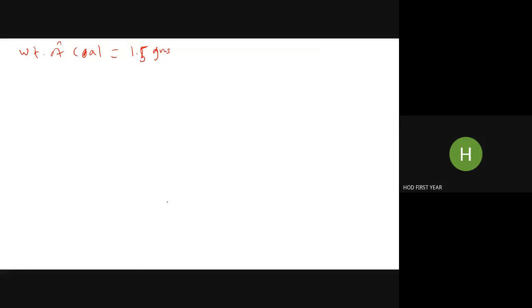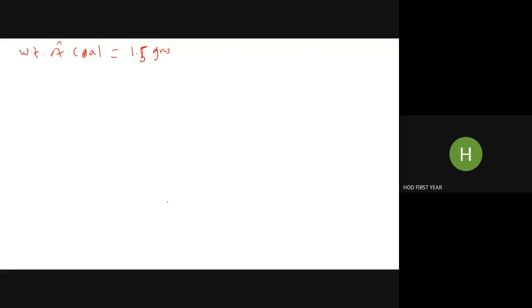Okay. So I repeat, 1.5 gram of coal sample was taken for carbon and hydrogen estimation by combustion method.